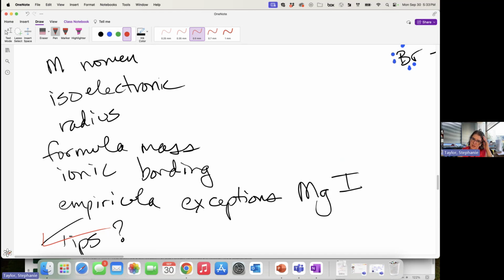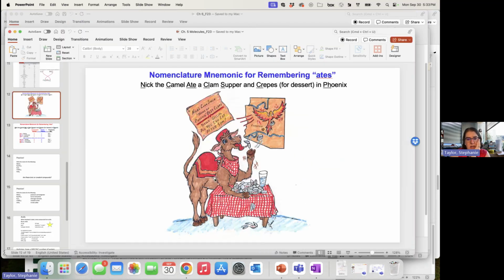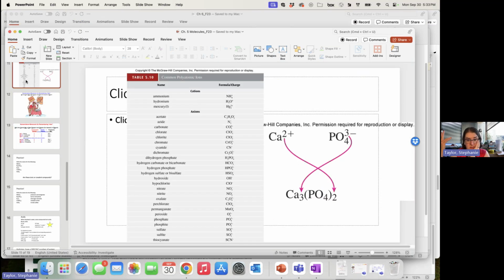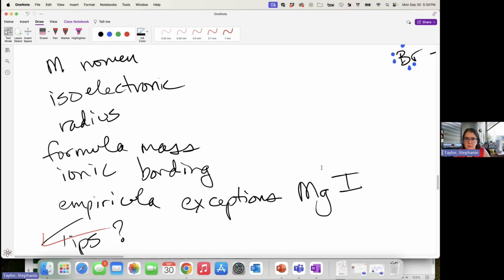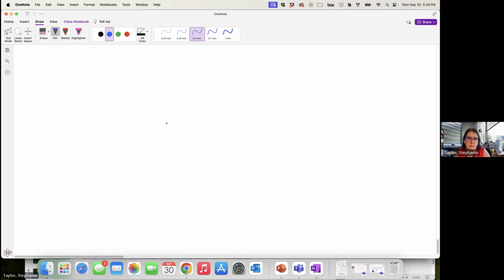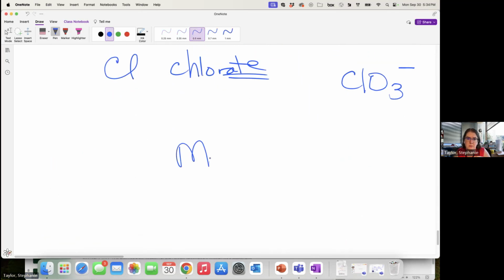Let me go ahead and answer this. Empirical exceptions, mercury 1, and I think peroxide. So hanging out in your polyatomic ions, actually, are a couple of things. One of them is mercury 1. Looks like this.